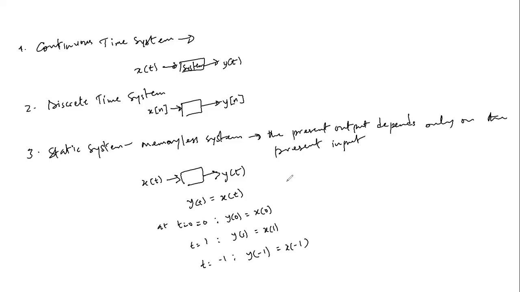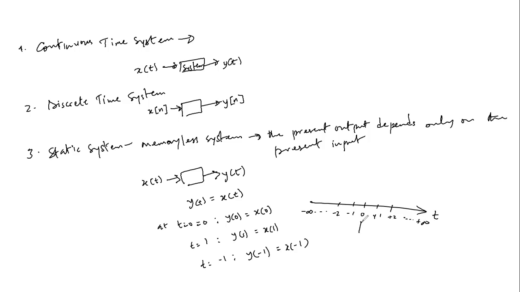At this point, it's worth mentioning that, considering the time scale, we have 0, minus 1, minus 2, all the way to minus infinity, and here we have plus 1, plus 2, all the way to positive infinity.